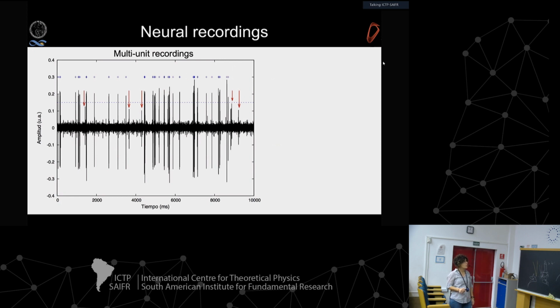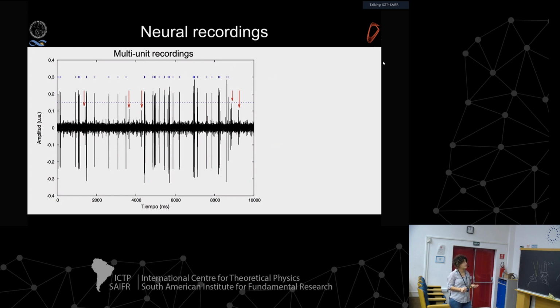Okay, so this is the thing. If you have just one channel, which is what I'm showing you here, the only thing you can expect, if you have a really good electrode like this one, is to have very close neurons and faraway neurons, and you can separate those depending just on the amplitude.